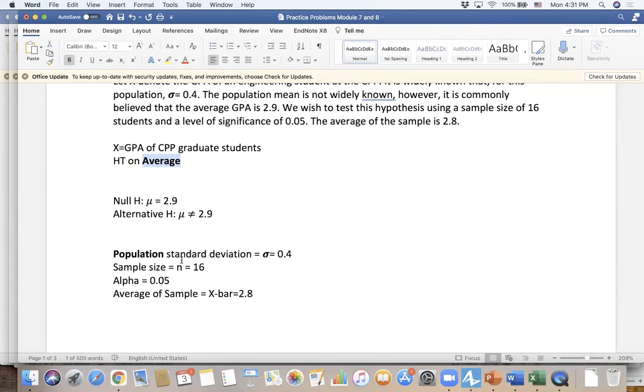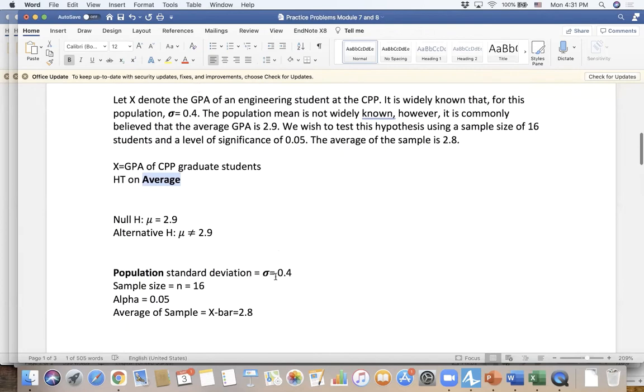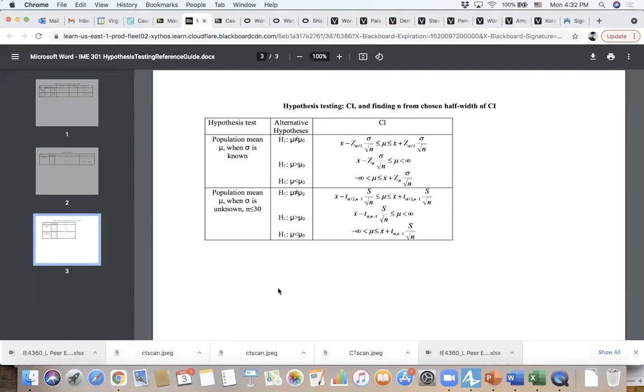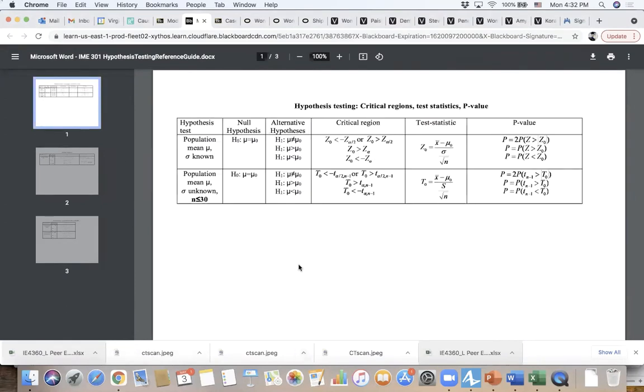And here you have the population standard deviation or sigma. So I don't need to worry about the sample. That question goes aside. So knowing that I have population standard deviation and that I'm running a test on the mean, if I go here, okay, which row do I have to pick?